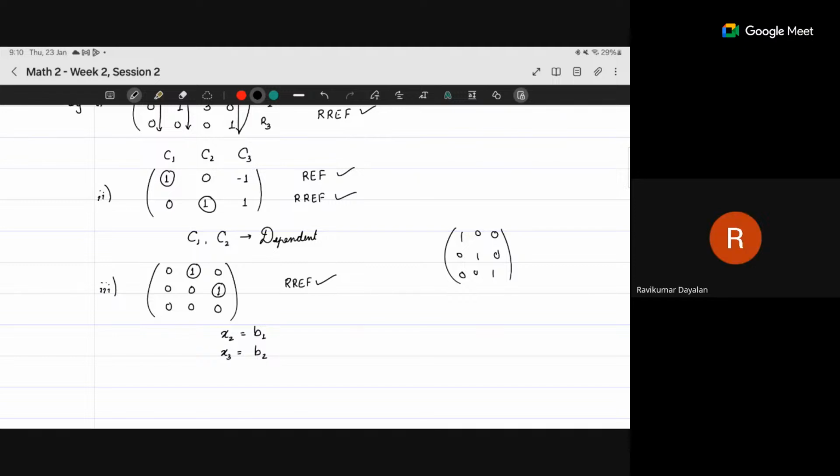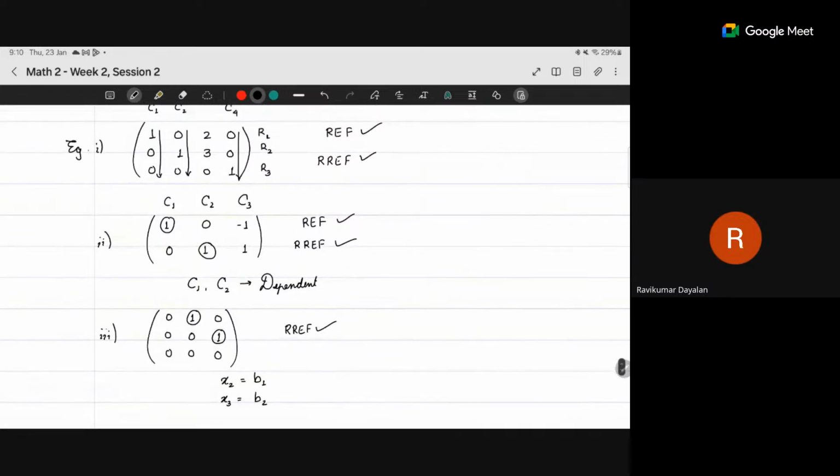Sir, shall I ask my question now? What is the minimum number of columns that have to satisfy this? For example, if only one column satisfies, say 1, 0, and the rest of the columns have non-zero entries or zeros, this is also fine, this is in RREF.